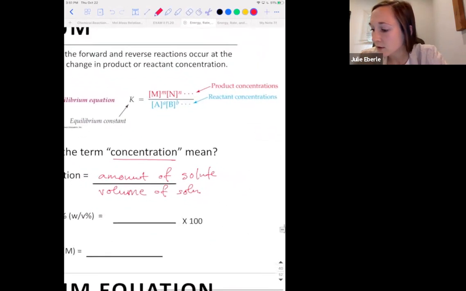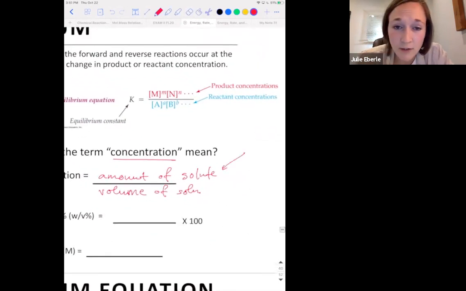Now, what is solute? In any solution, you have something being dissolved and you have a liquid, usually, that is dissolving your particles, okay? Say you have salt and you put it in some warm water and you stir it up, you're dissolving the salt in the water. The salt is the solute and the water is the solvent. And together they are the solution.